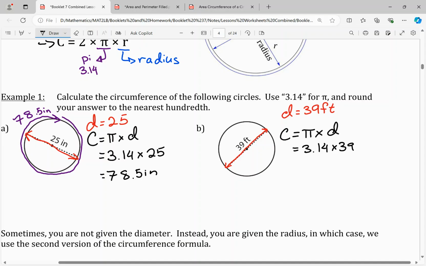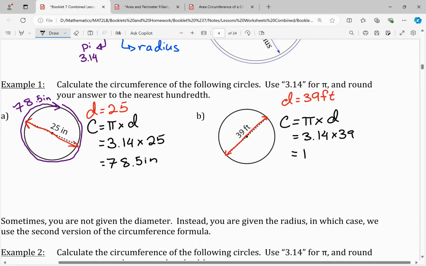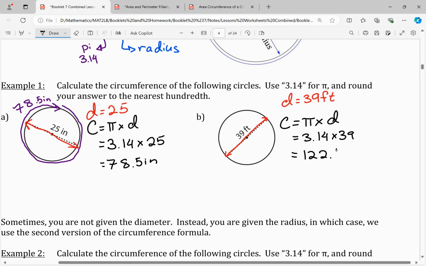Using a calculator, 3.14 times 39 is equal to 122.46, and here I remember my units, which is feet. Perfect. That's all that you need to do, and we're ready to move on.